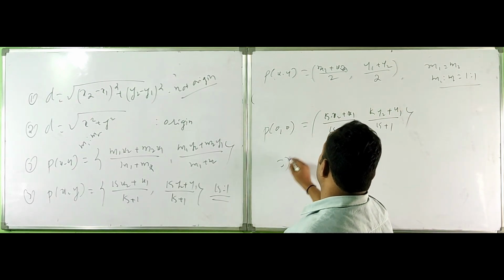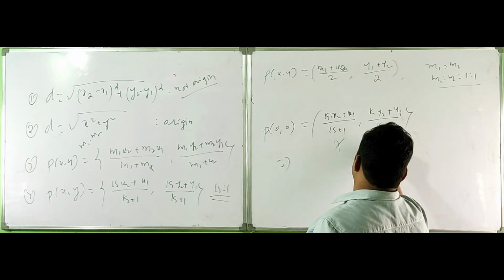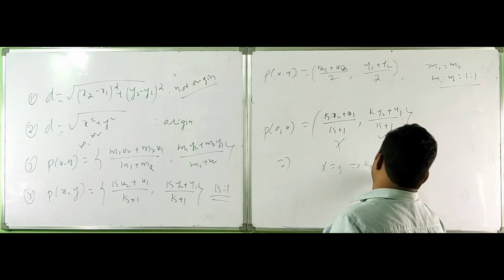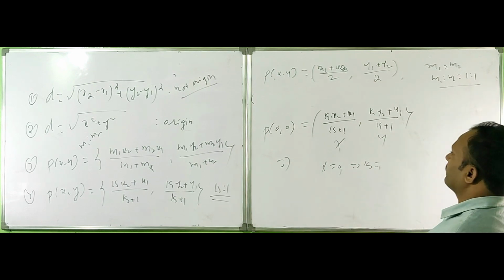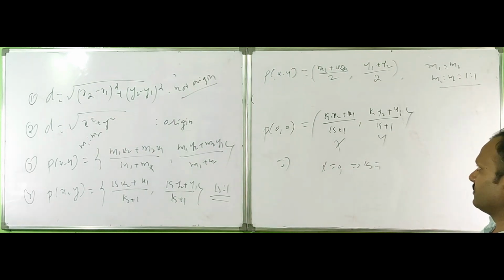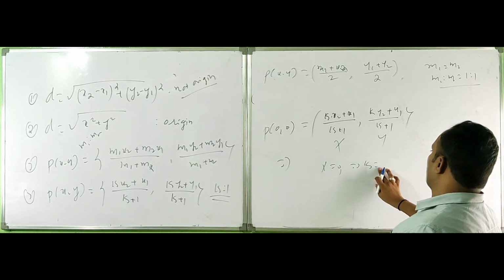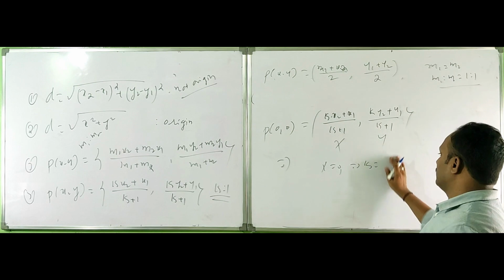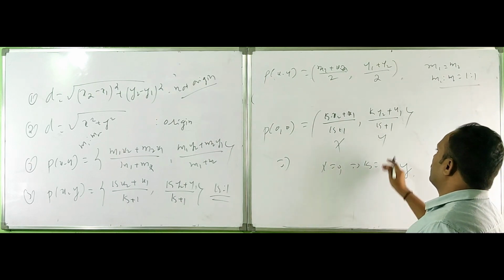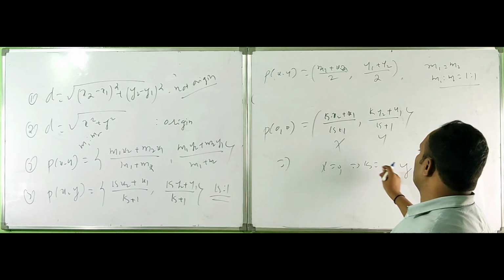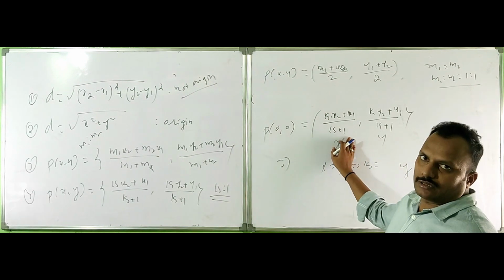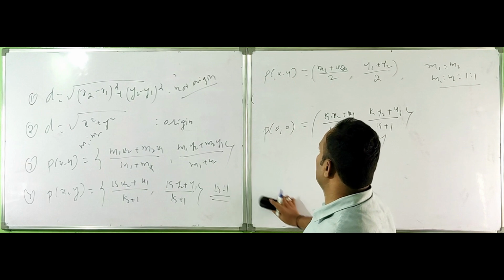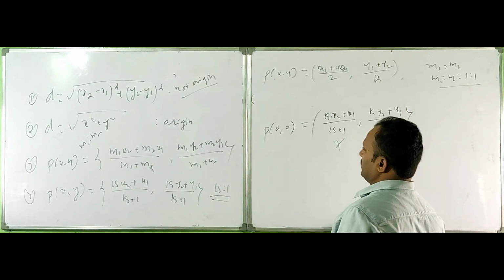Just put the value of this X, this is Y. X equal to 0, we will get K equal to something. Put the value of K here, we will get Y. Again, if we put Y equal to 0, we will get K equal to something, and put the value of K here, we will get the value of X. This is the thing.